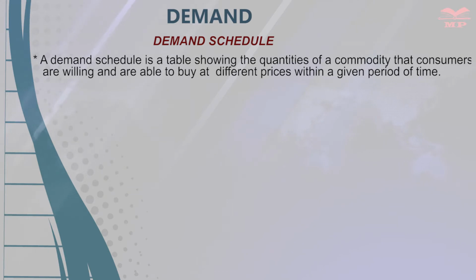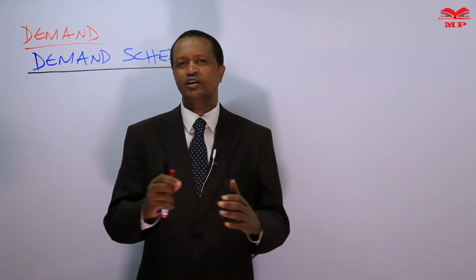It simply shows the quantity demanded of a commodity in a market at various prices in a given span of time.